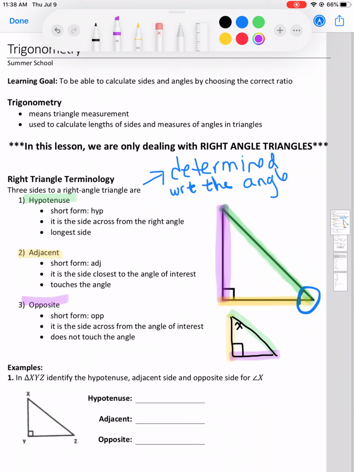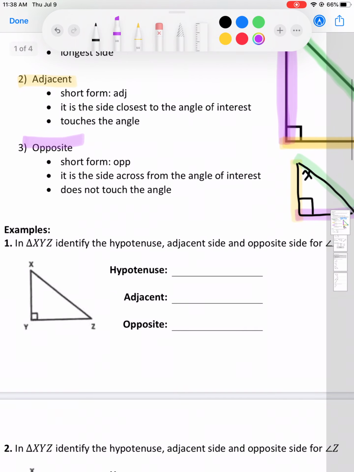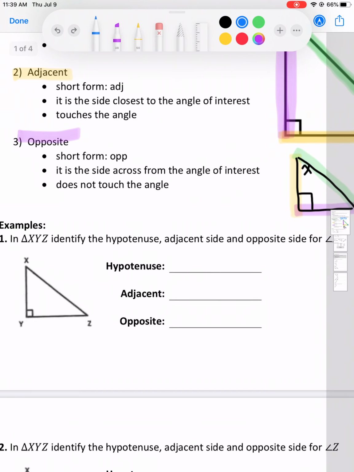Okay, so first example: in triangle XYZ, identify the hypotenuse, the adjacent side, and the opposite side for angle X. This is our angle of interest. The hypotenuse, again, is always the one across from the right angle, so this would be side XZ.